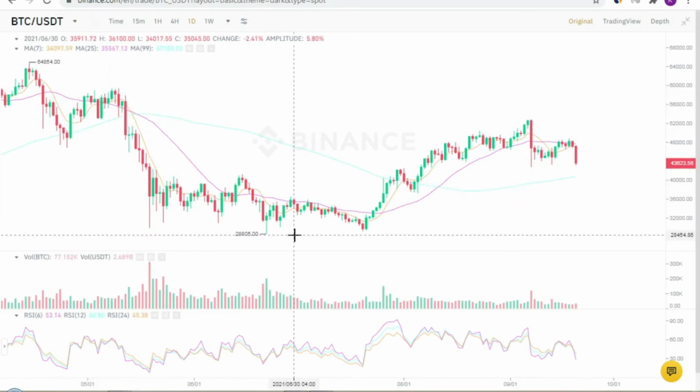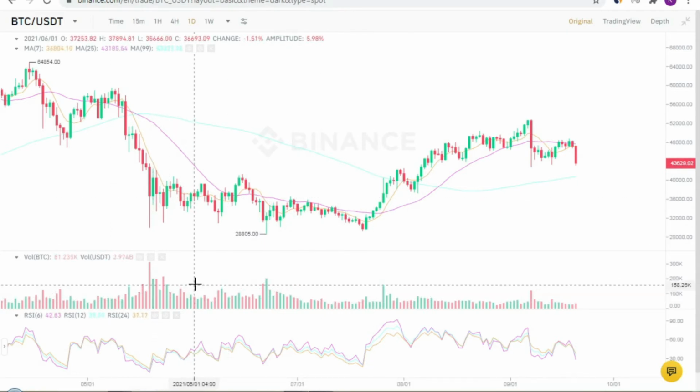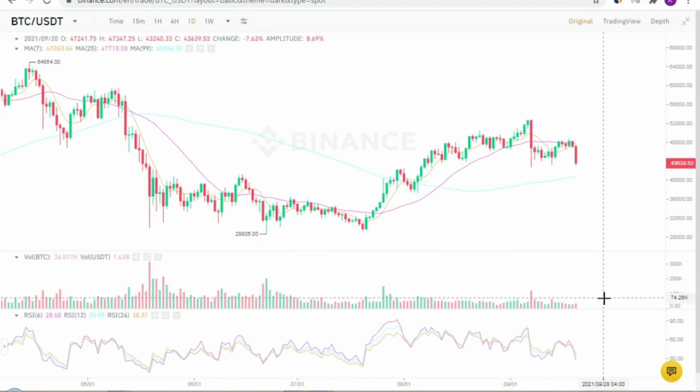So you have to identify your trend. You have to look at the volume. You have to look at the increase in volume around here. If the volume is around here, then you know that the trend is very strong around this 200k. But if it's just even here at say 100k, that's enough.